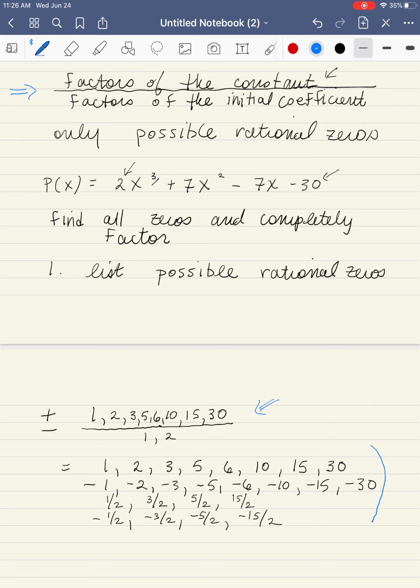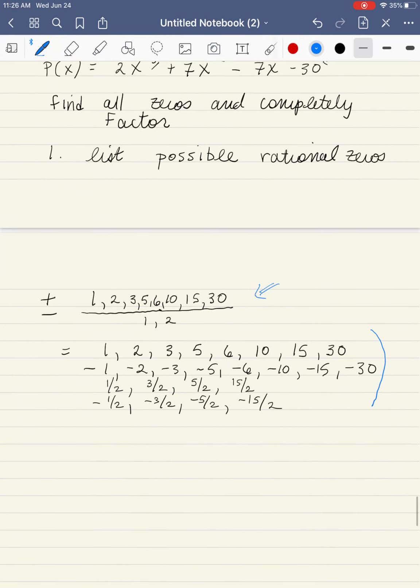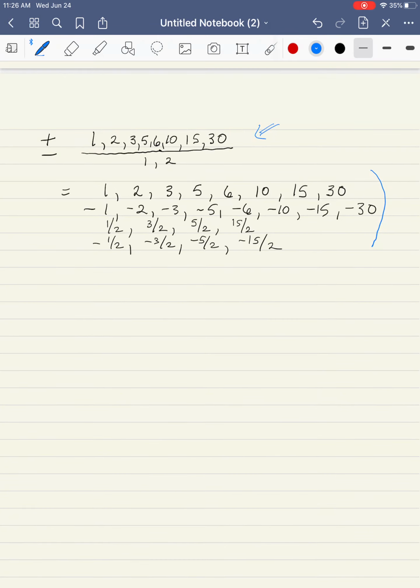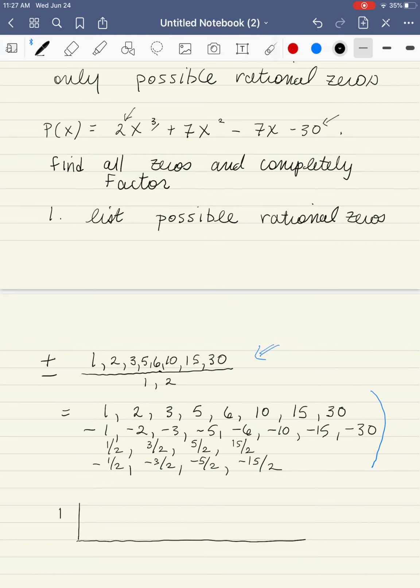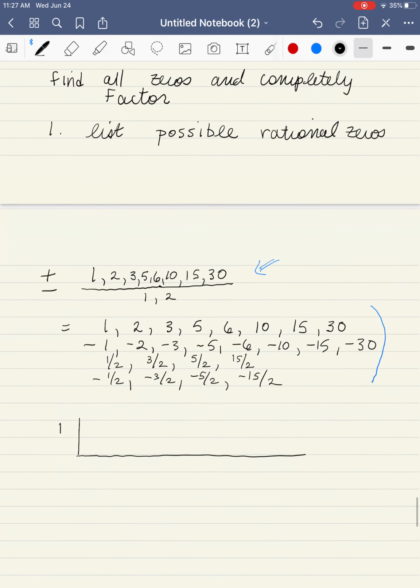Okay, now what I'm going to do is I'm going to say, okay, this is a lot of numbers here. This is a long list. But I need to find which of these numbers on the list is a 0 so I can factor the factor that goes with it and get down to a quadratic. I'm not going to start with negative 15 halves or with negative 30 or one of those a little bit more difficult numbers. I'm just going to start at the beginning of my list, and I'm going to work my way through the list. For instance, I'm going to try 1.